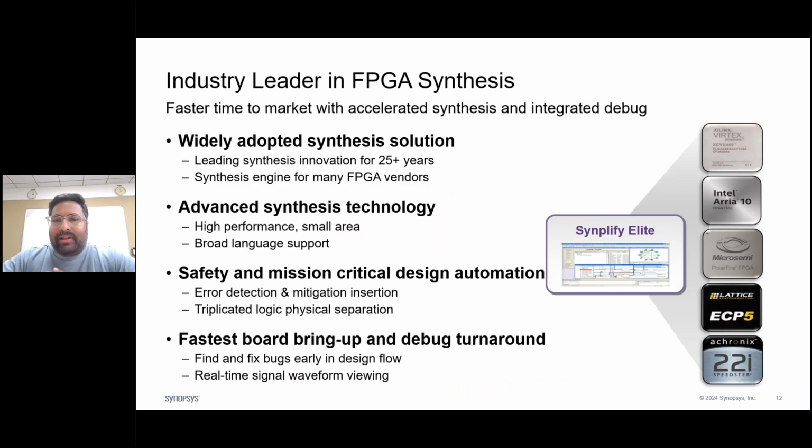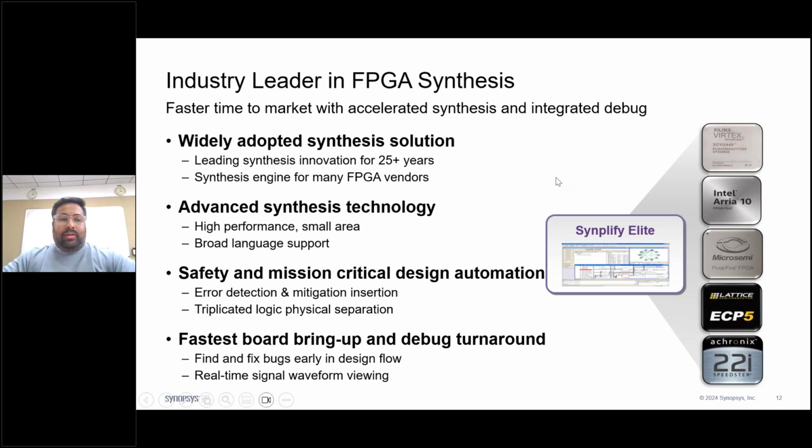We'll now see more about Simplify. Simplify has been the industry leader for FPGA-based synthesis for more than 25 years. Its synthesis engine supports multiple FPGA vendors, meaning the same netlist you generated, or the same RTL you used in your Simplify project, can be tested on multiple FPGA vendors to test the functionality, check the availability of your IPs, and check the quality of results, QoR.